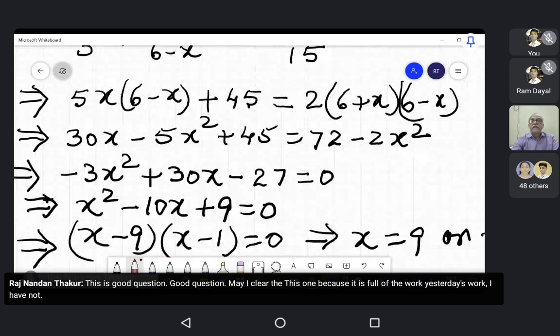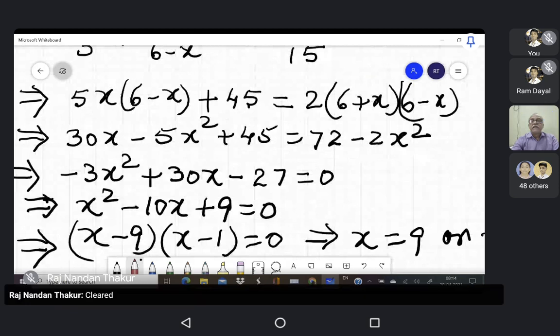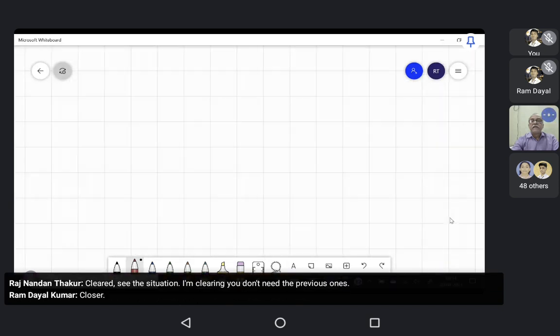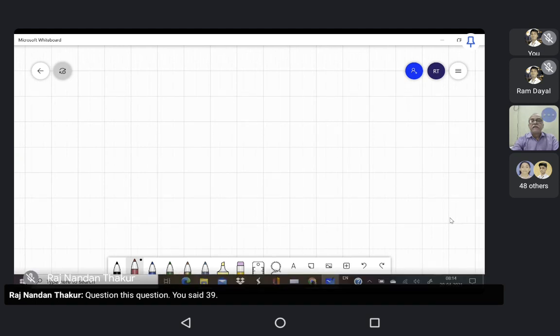See the screen. I'm clearing. You don't need the previous ones. Which question did you say? 39. There is a circle given.